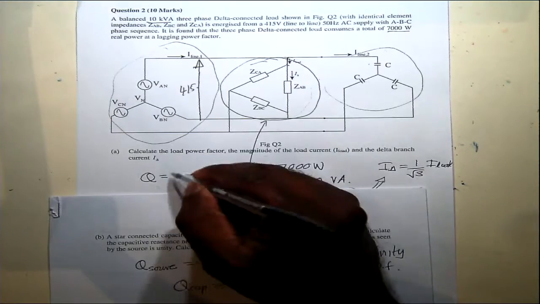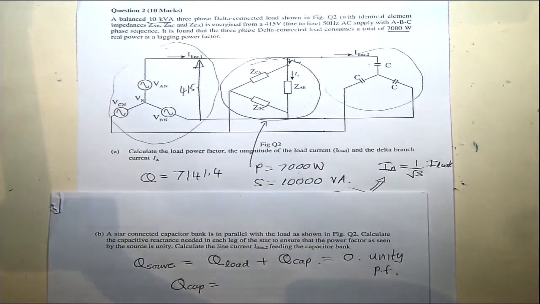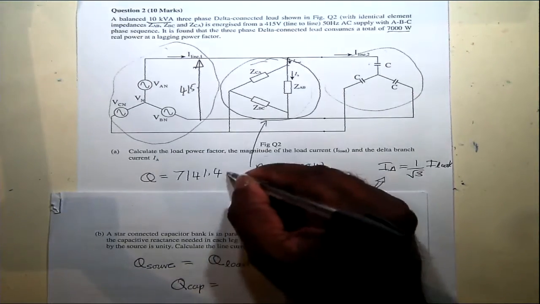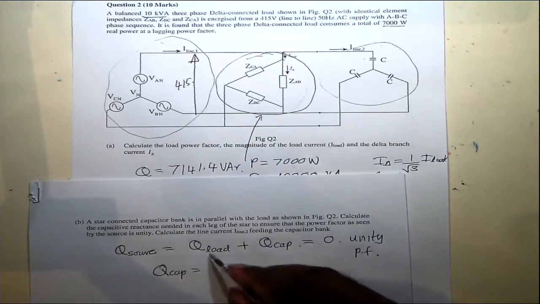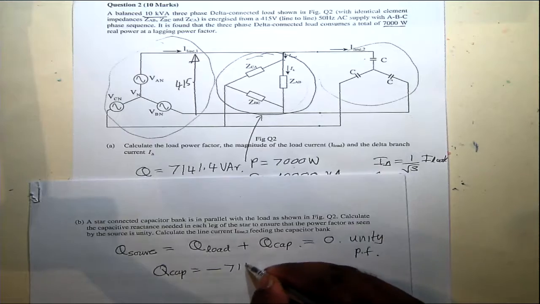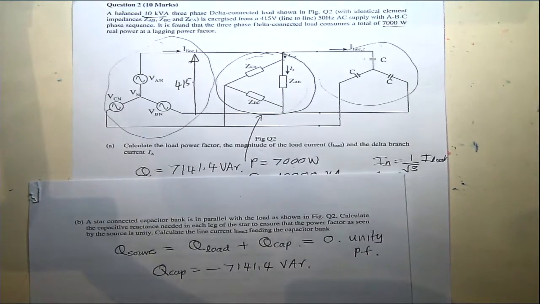So the load consumes this much reactive power. This is the reactive power consumed by this load. So the capacitor has to provide negative 1.4 this much of reactive power to the system in order to cancel that out.